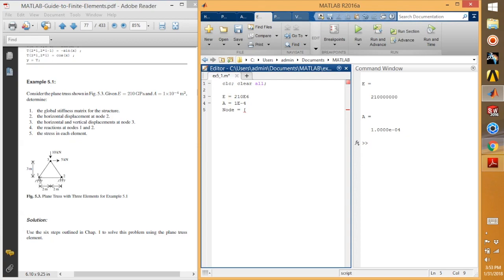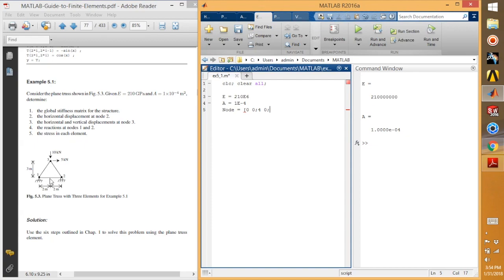So if we follow this pattern, then for the second node we will have in x direction 2 plus 2, that is 4, and y is 0 because it is on the origin plane. Similarly, for the third node, we have x as 2 and y as 3. So we have the nodes.